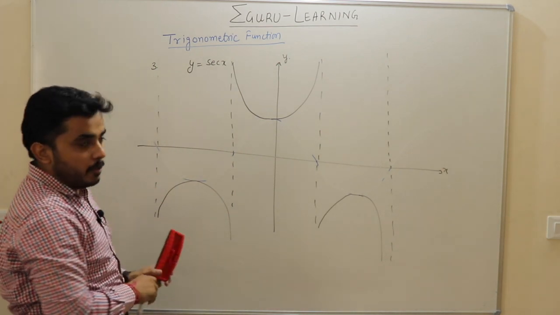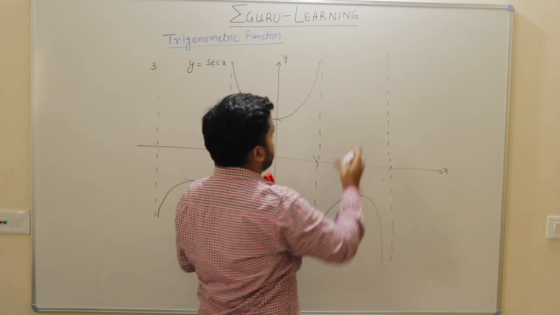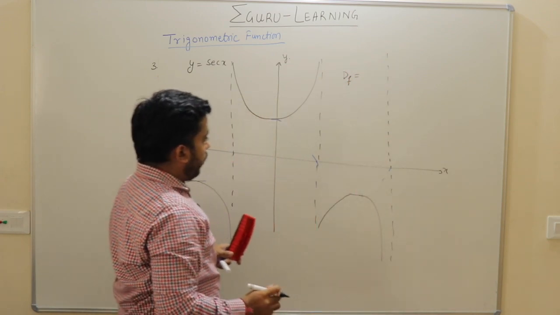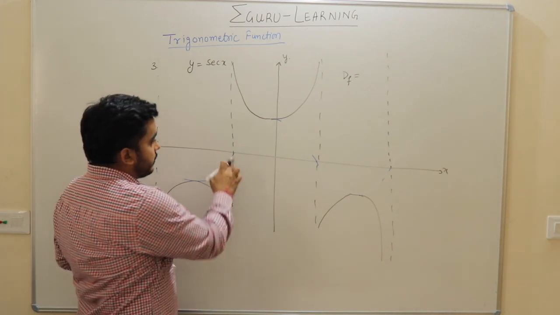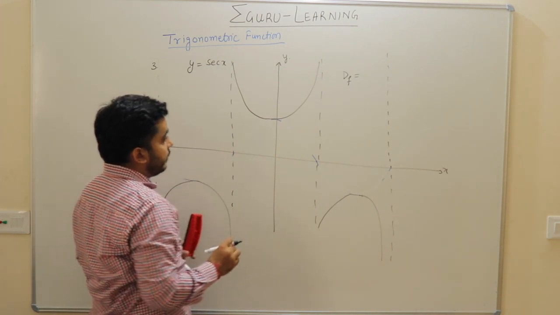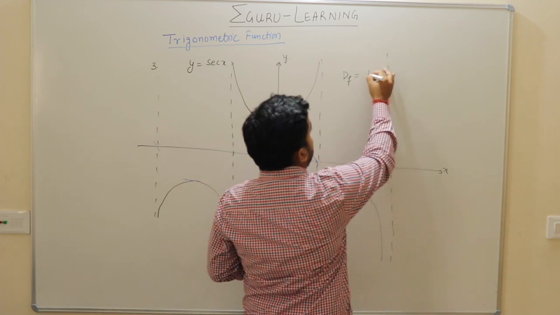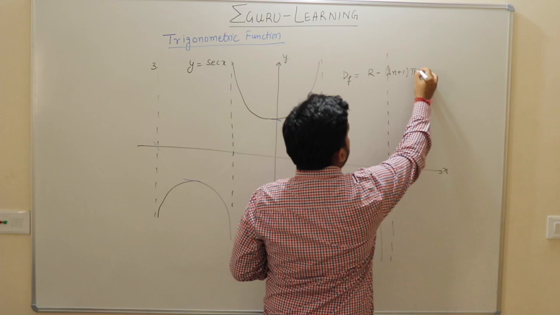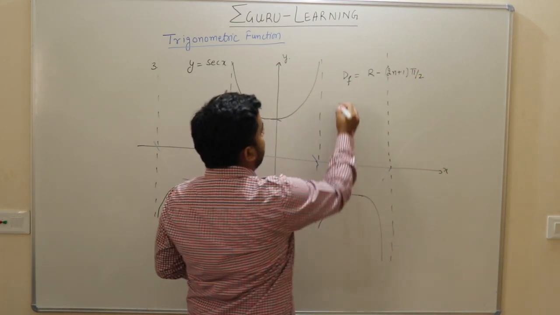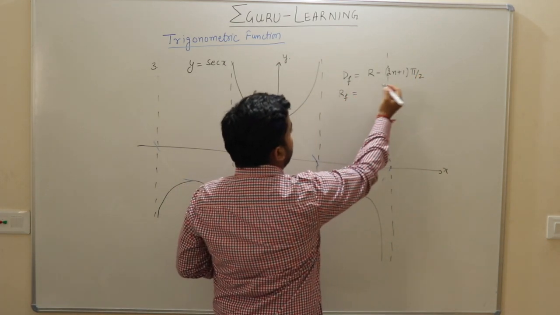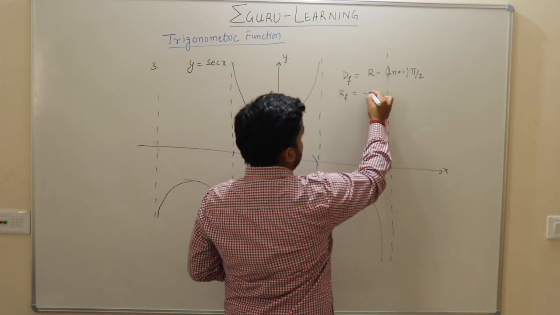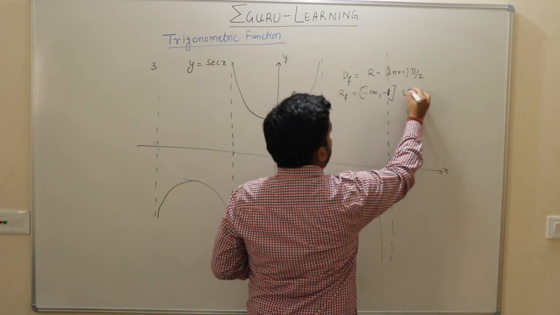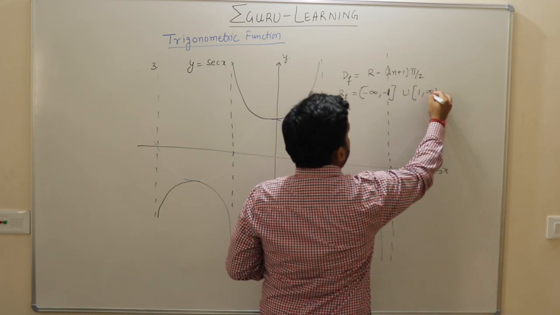Now talking about the domain of this function, so the domain of the function is all the real numbers minus those points where cosine x is 0, that is R minus (2n plus 1) pi by 2, odd multiples of pi by 2. And talking about the range of this function, range would be minus infinity to minus 1 union 1 to infinity.